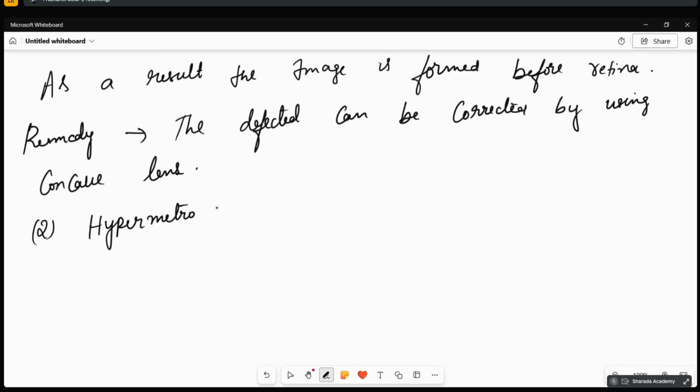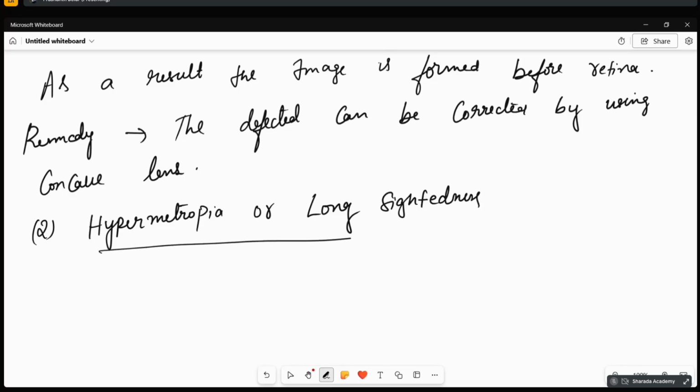Hypermetropia, or long-sightedness. Long distance objects can be focused properly, but short distance objects cannot be focused properly on the retina.